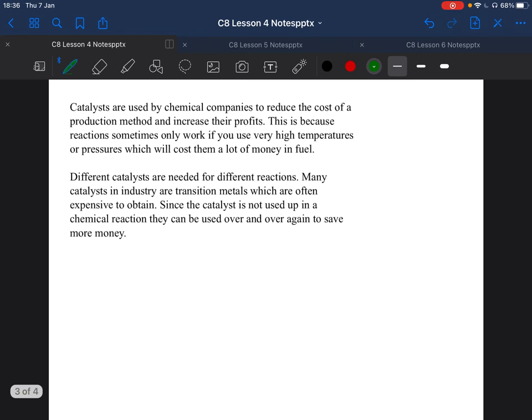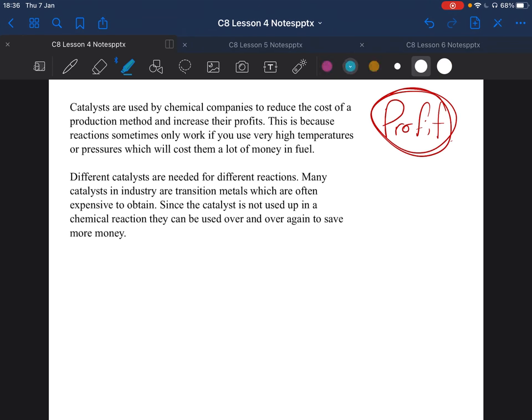Okay, so why is this actually useful? The whole aim of a chemical company is to make profit. If you are a company that are producing chemicals to sell, you want to make as much profit as you can. The only way to make that profit is to reduce your cost.